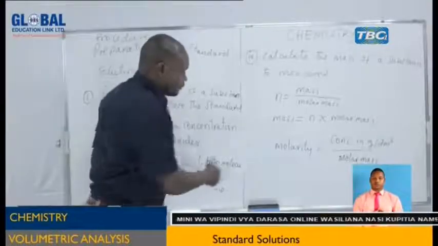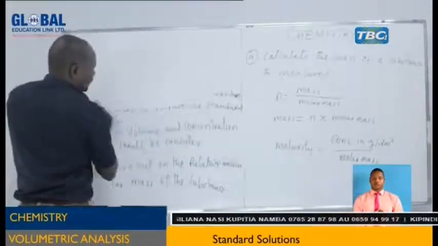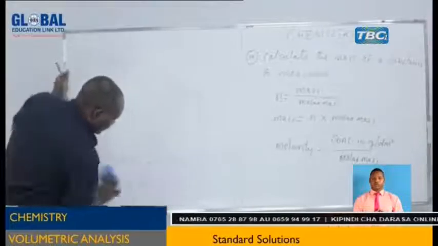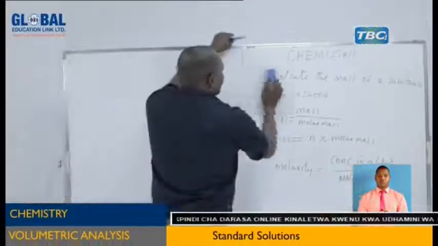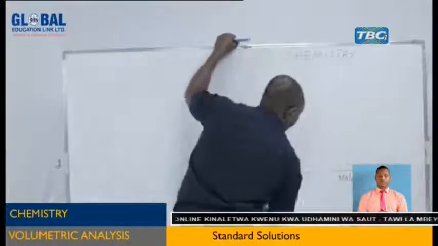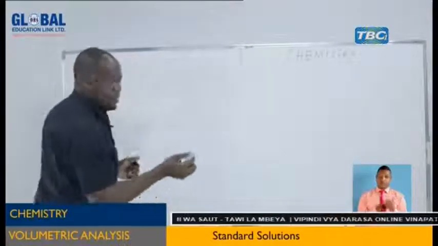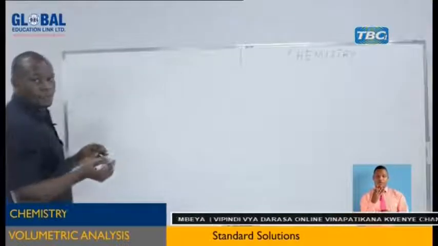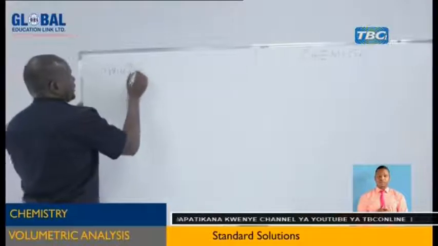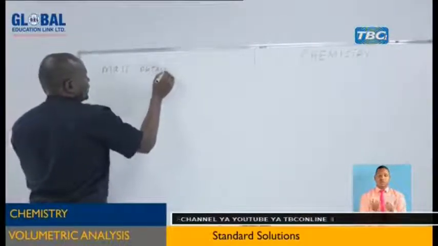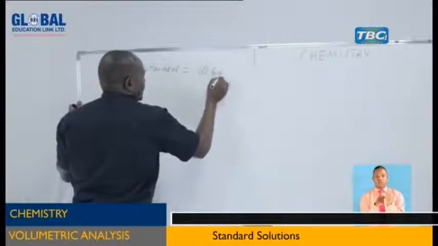Now the next procedure, after having the mass. Let's say that you have found the mass of a substance to be measured, and let the mass obtained be 10.6 gram.